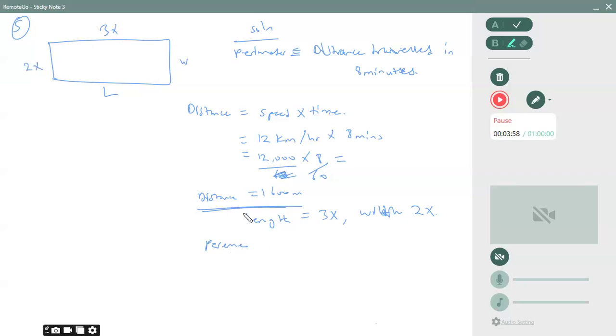Remember, perimeter is the movement along all of it, meaning you're going to add 2x plus 3x plus 2x plus 3x, the distance of the perimeter. Therefore, the perimeter that we're having here is how much?